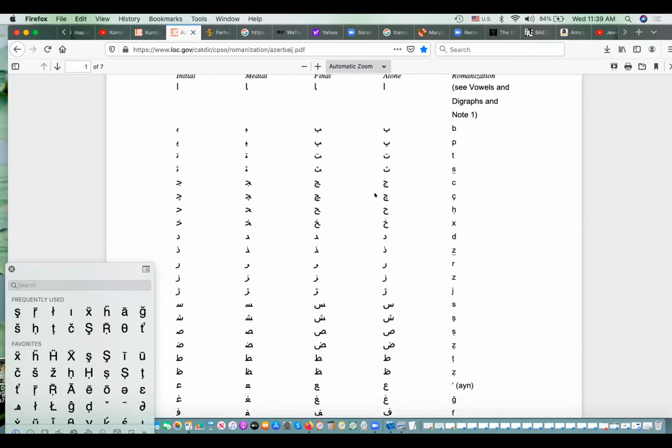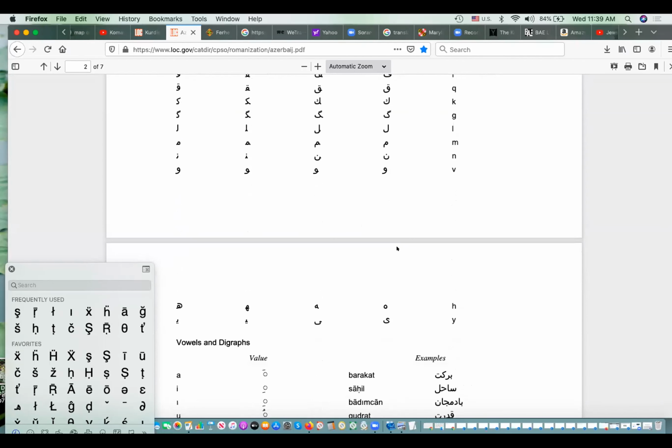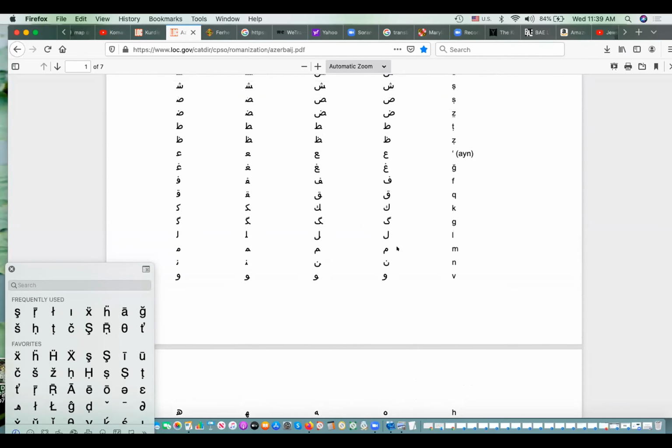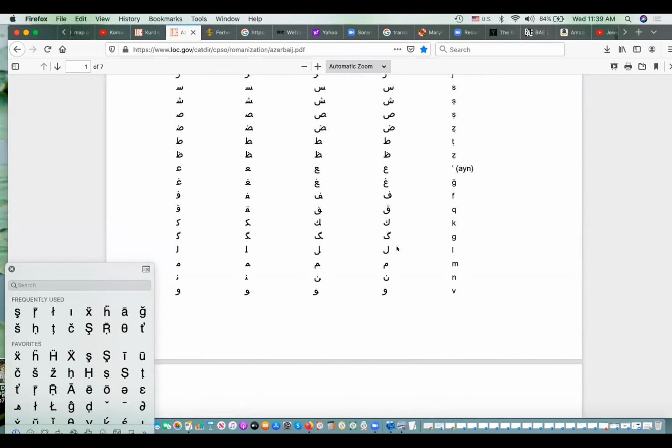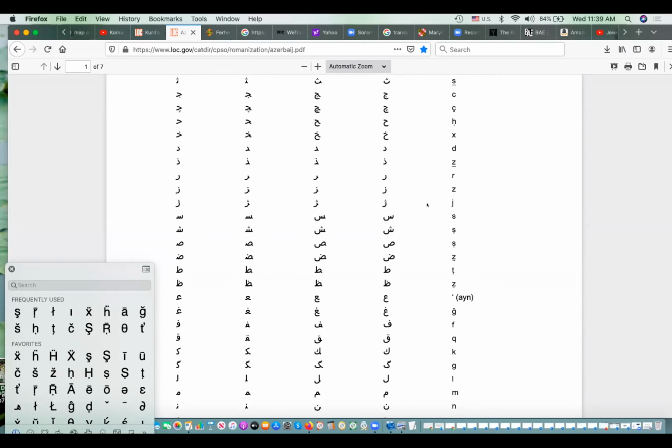So the j sound is spelled with a C, as in Azerbaijani and Turkish in the Latin alphabet. The ch is a C with the cedilla. The j sound is a J rather than a ZH.